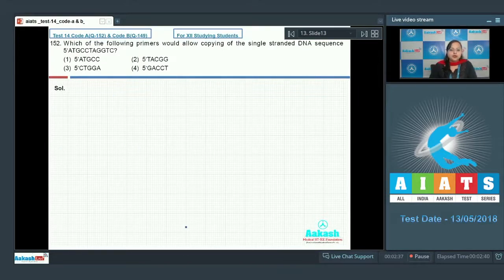Question 152. Which of the following primers would allow copying of the single stranded DNA sequence, that is 5'-ATGCCTAGGTC?